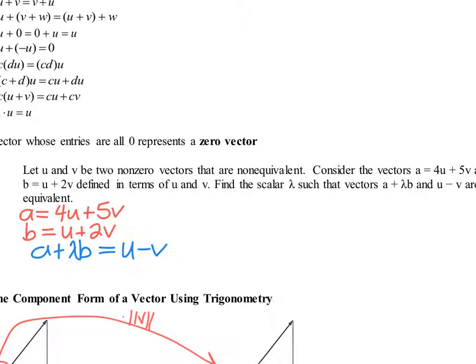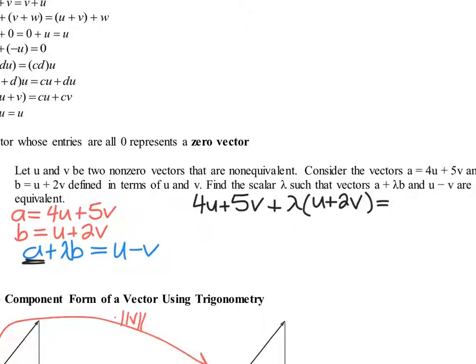So all we have to do is figure out what lambda would allow that to happen. So it's just substitution. I'm going to do 4u plus 5v, that's going to take care of the a, plus lambda times u plus 2v, and that's going to be equal to u minus v.